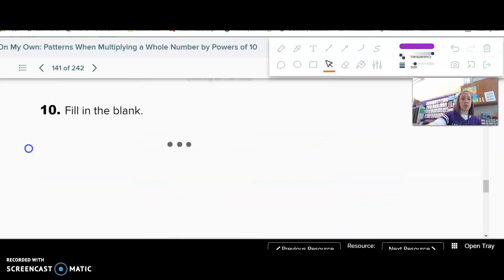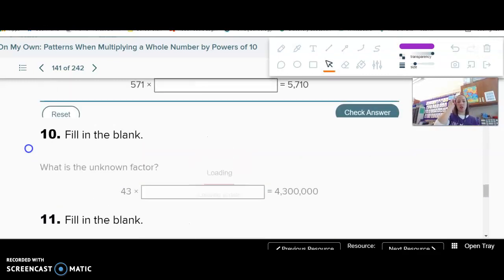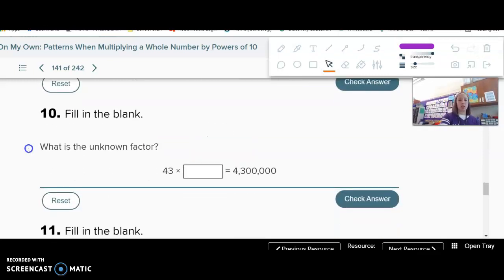All right, I'm going to skip ahead to one where we are figuring out what the power is. So 43 times something equals 4,300,000. See if you can figure it out. Did you get it? So this one is sort of thinking in a different way, because I can say, okay, I have 1, 2, 3, 4, 5 zeros in my answer.